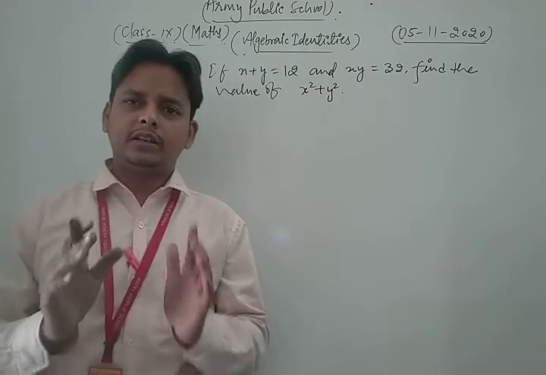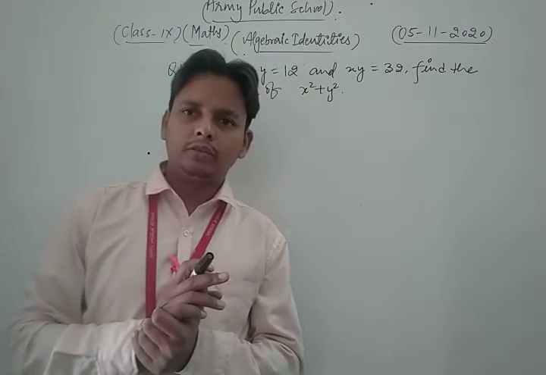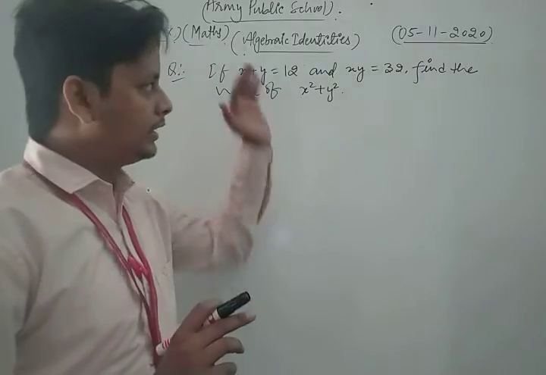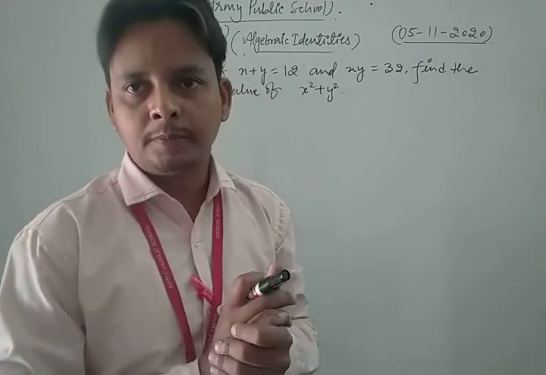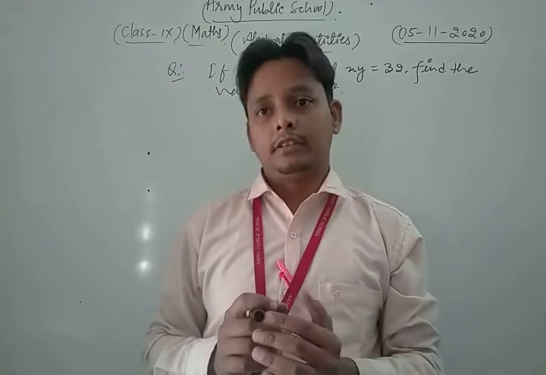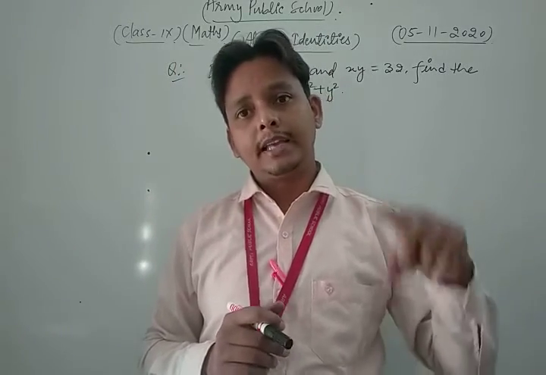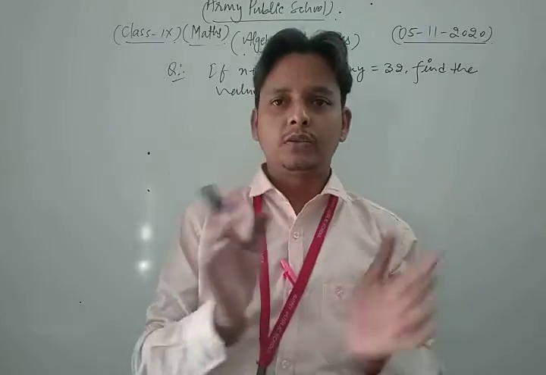This is a very basic and common question based on identities. In this type of question, first you observe the whole question, after that you think which identity applies. This is the whole process.